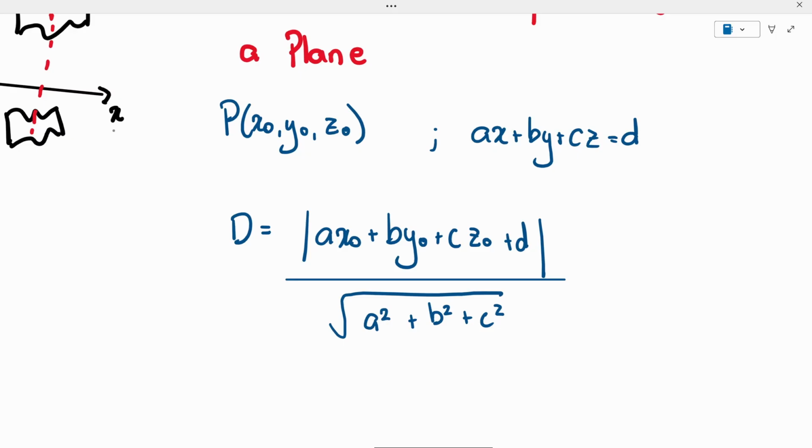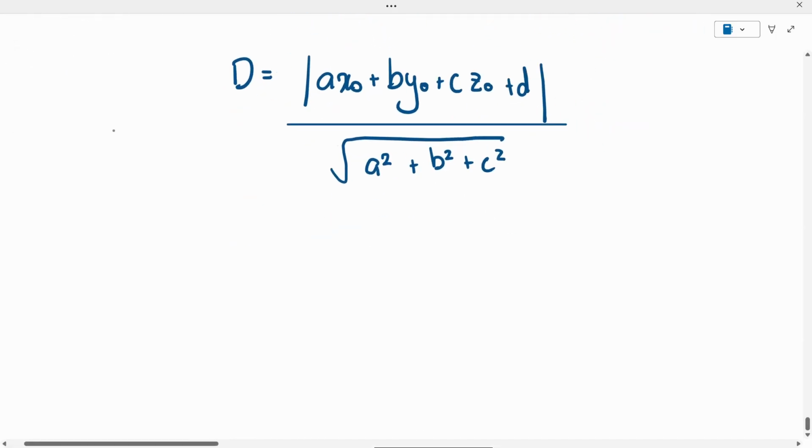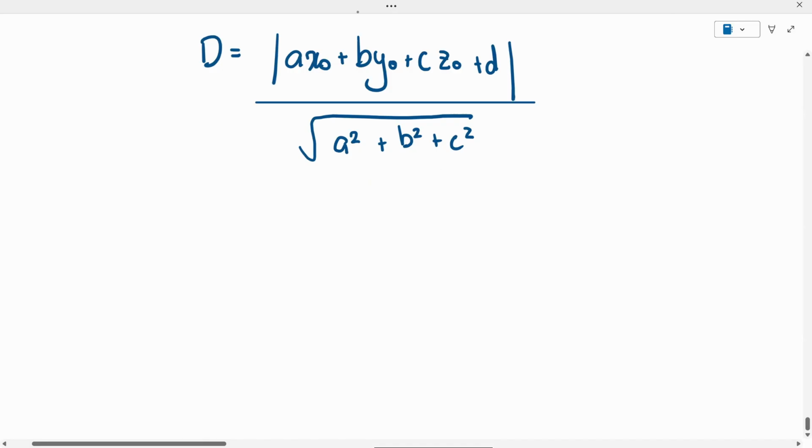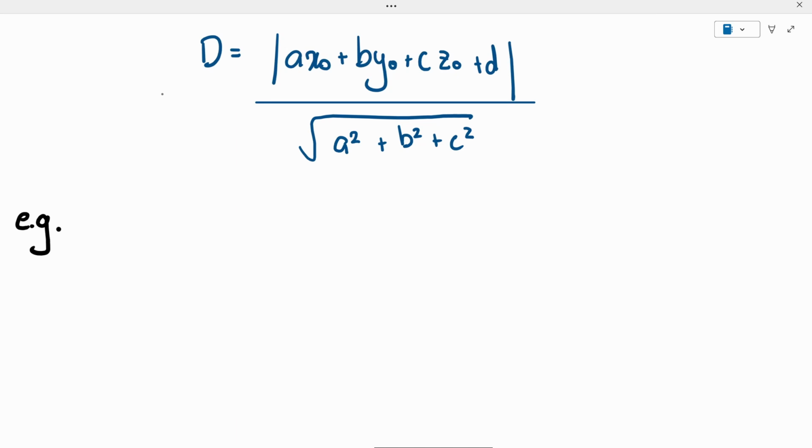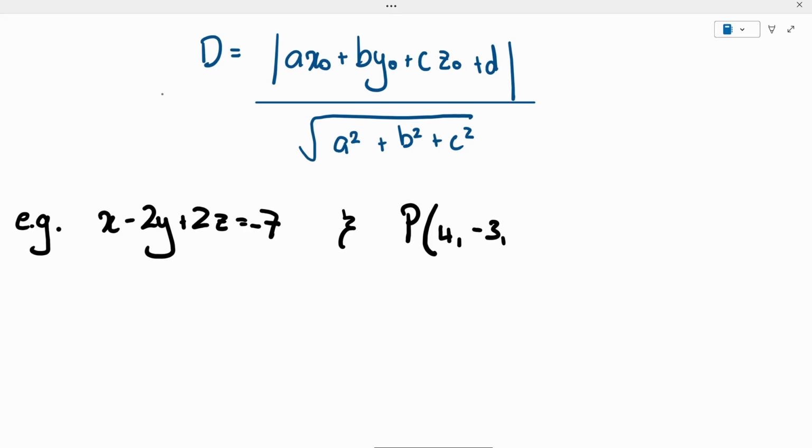So let's try an example. Using this formula, find the distance between the plane x minus 2y plus 2z equals minus 7, and the point P (4, minus 3, 5).